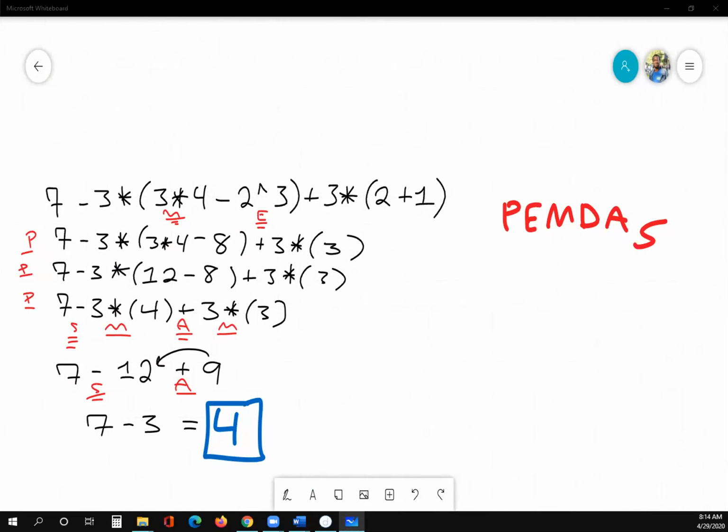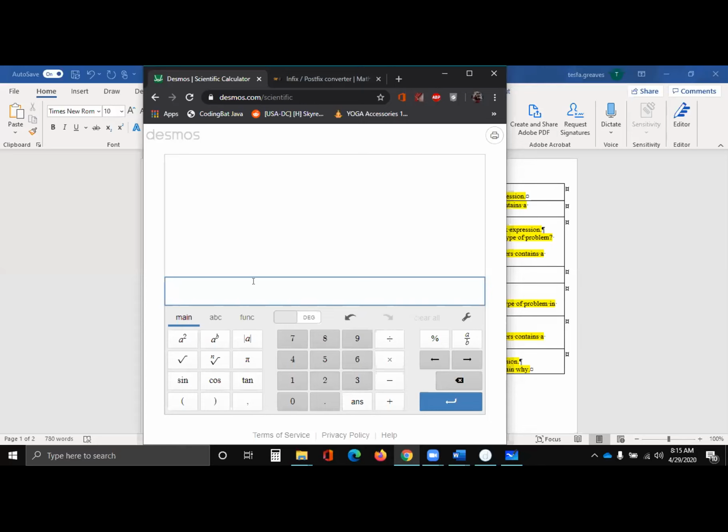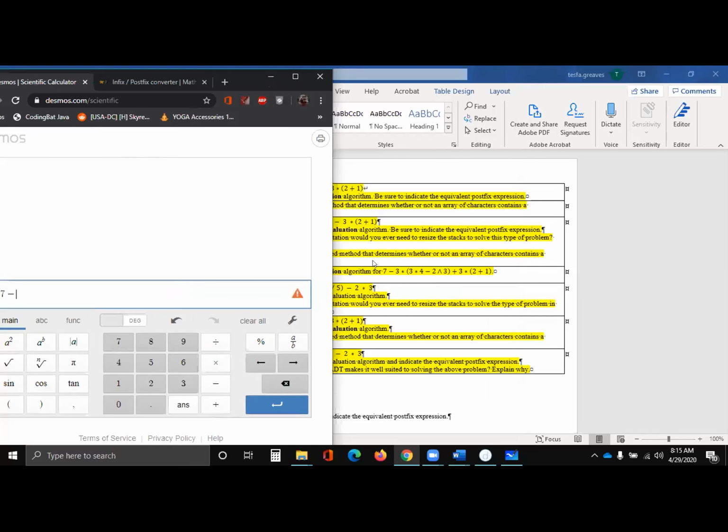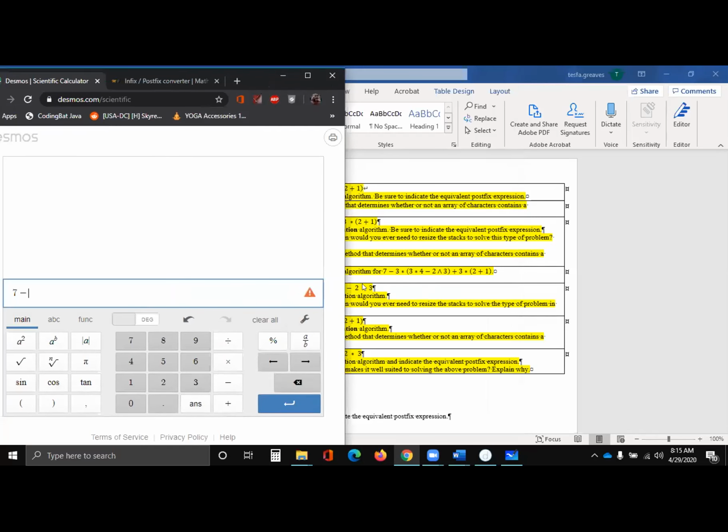So back at my screen, I'm going to pull up the calculator, and we're just going to do this out really fast. It was 7 minus 3 times a bracket 3 times 4 minus 2 caret 3, close the bracket, plus 3 times bracket 2 plus 1, close the bracket, and this is our answer.